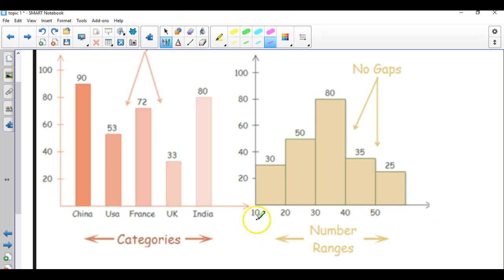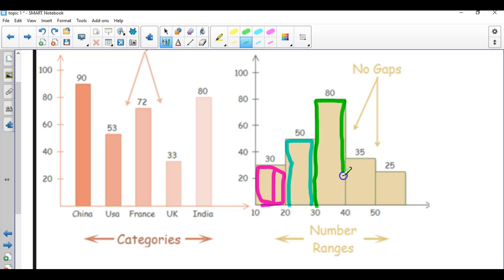Now over here, you could look at this as the ages of people in a room. There's 30 people between the ages of 10 and 20. And this bar actually only fills up the ages of 10 to 19. The 20-year-olds fit in this bar here. So there's 50 people between 20 and 29. There's 80 people between 30, so the 30-year-olds go in this bar, and 39 years old.